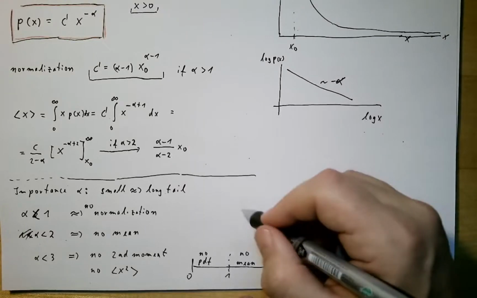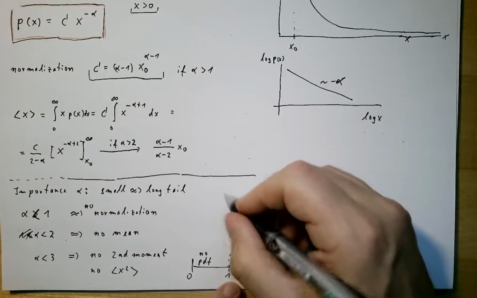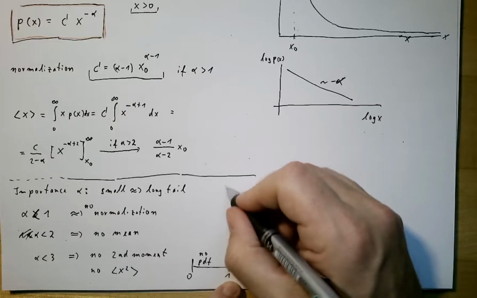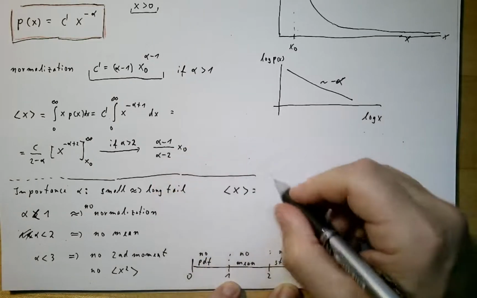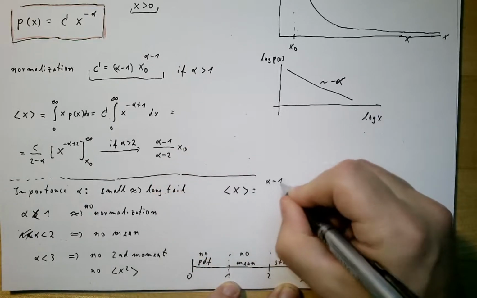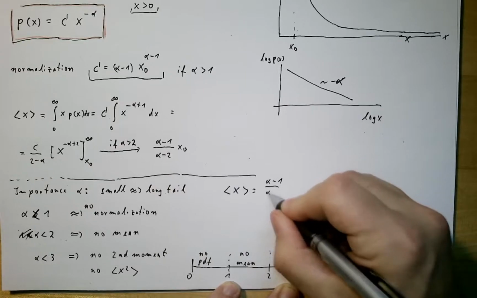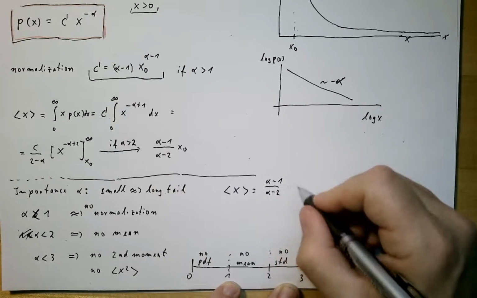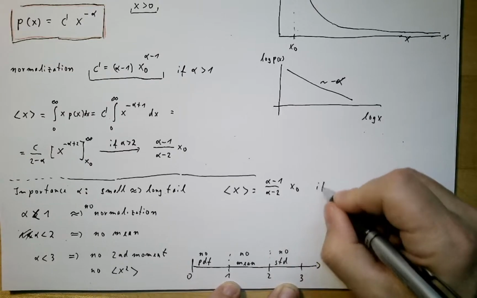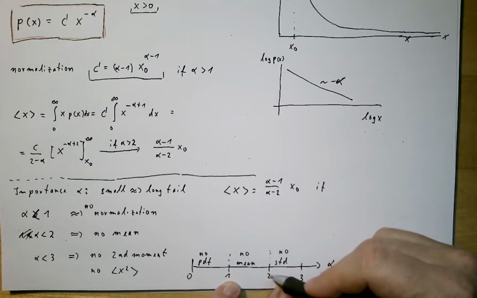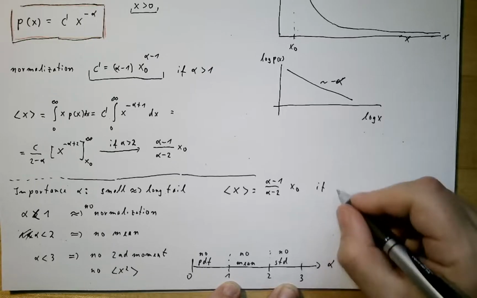And let me write down these values. So we have the expectation value we have calculated here, alpha minus 1 over alpha minus 2 times x0, but only if alpha is larger than 2.